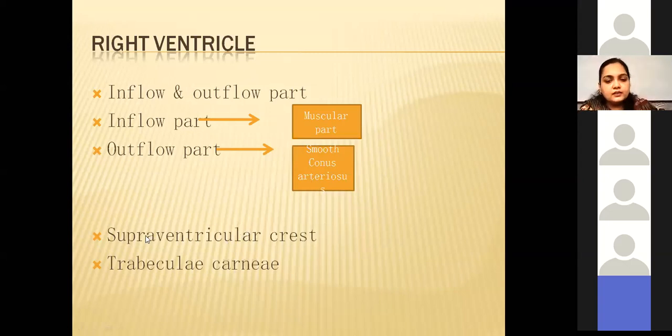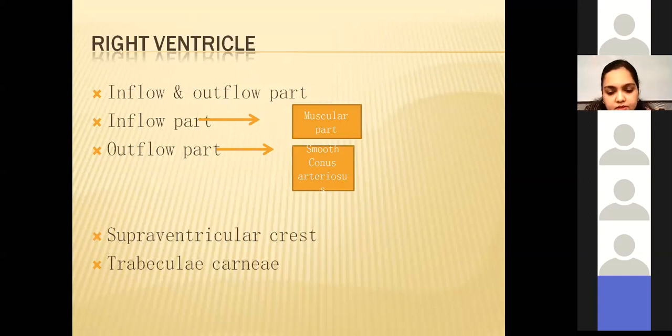Now, the supraventricular crest is present between the muscular part and the smooth wall part. What are trabeculae carneae? The atrioventricular valves we discussed: between the atria and the ventricles, two valves are present. On the right side we have the tricuspid valve, and on the left side the bicuspid valve.